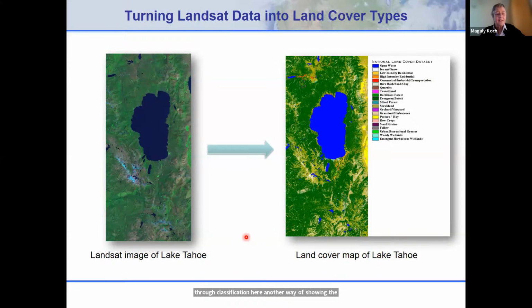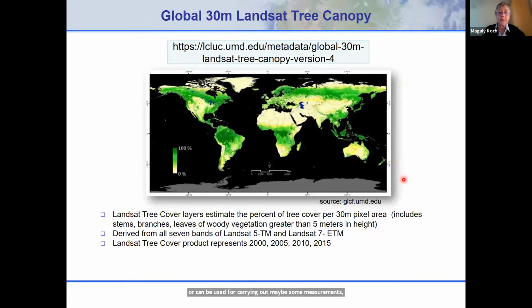We have here a Landsat image over California, over Lake Tahoe, and we converted that into a map with a legend in different categories. And now this map can be used for carrying out maybe some measurements or statistical measurements related to the different land cover types.